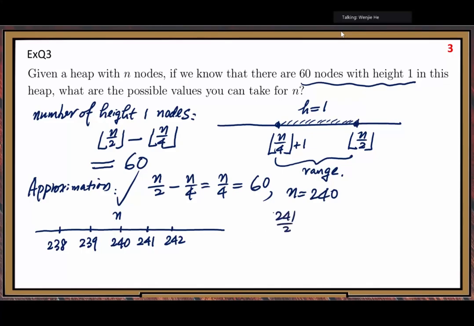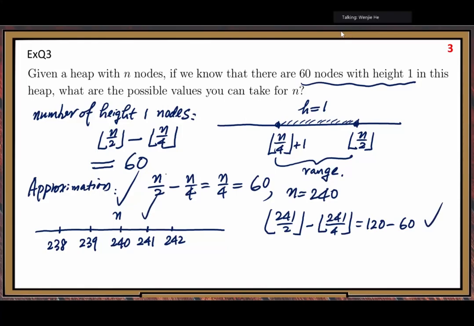For 241, 241 over 2 floor function minus 241 over 4 floor function. The first one is 120, the second one is 60. It works, so 241 also works.